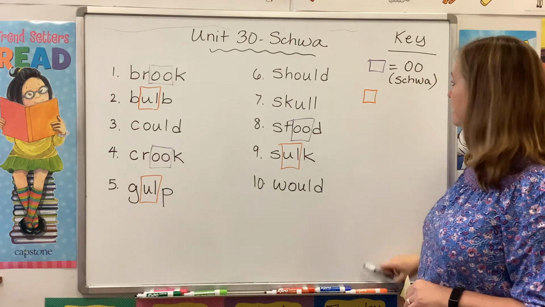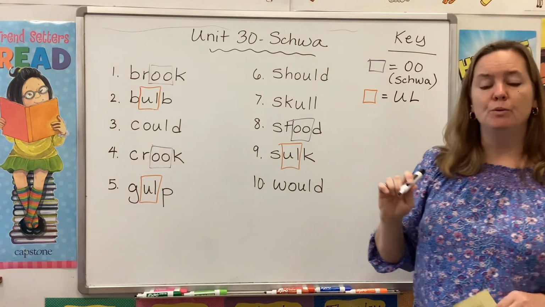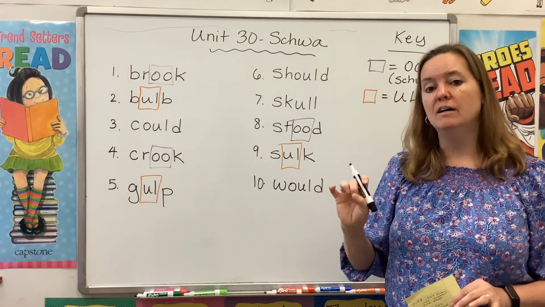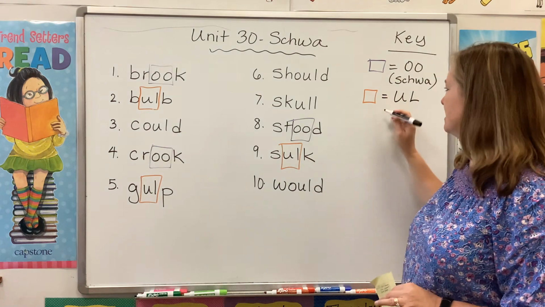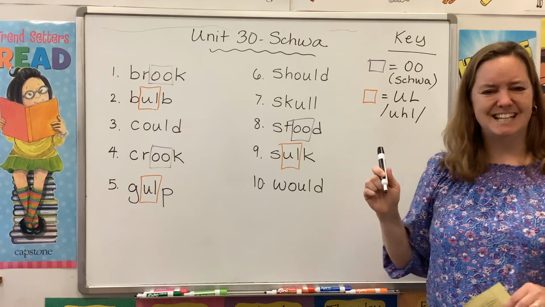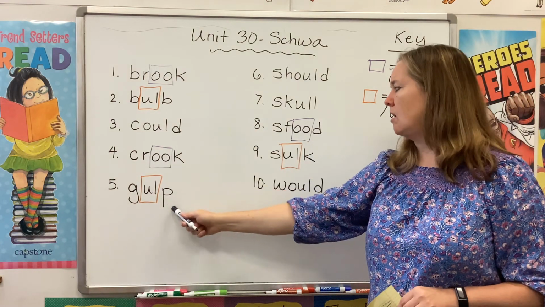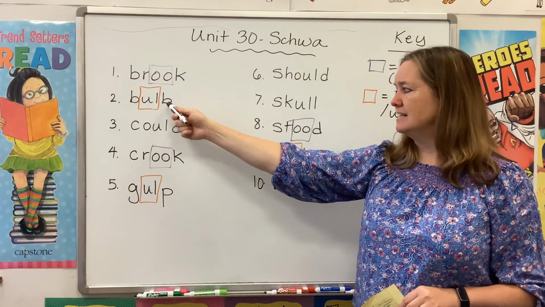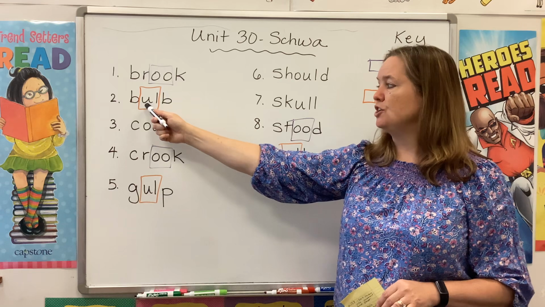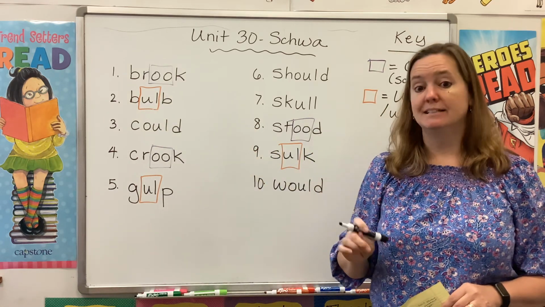So right here, anything in an orange box is UL, but it's pronounced with a schwa plus L. Does that make sense? Good. Okay. So bulb, gulp, sulk. It doesn't matter what consonant we put after, but notice when it's U followed by L, it's going to make an "ul" sound.